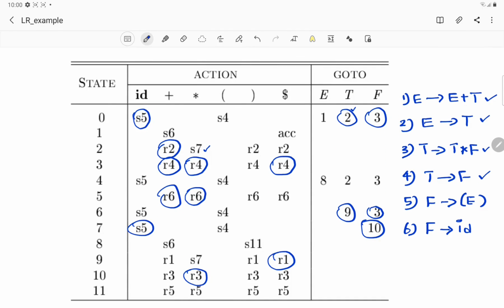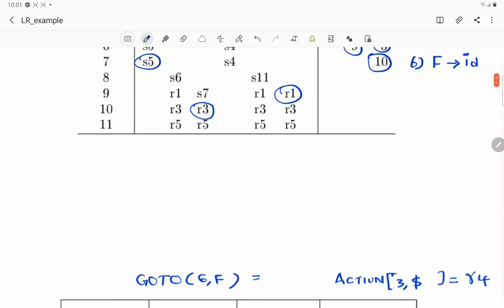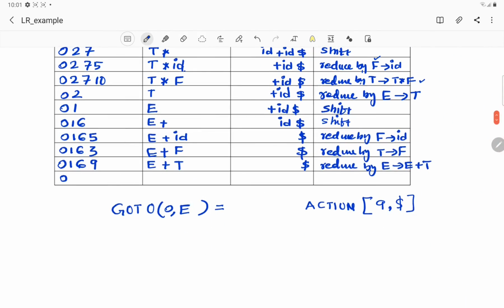It is this one, 1. So that state will be pushed onto the stack. Then E plus T will be reduced by E, here dollar itself.